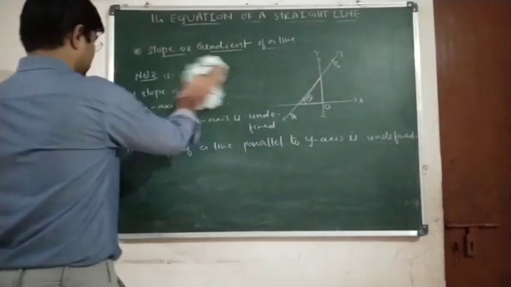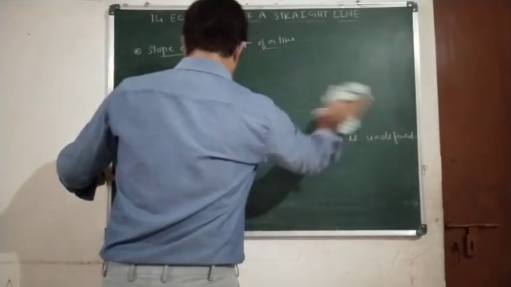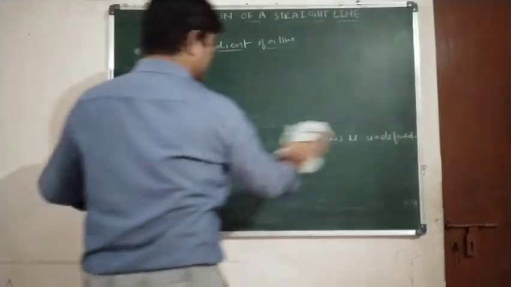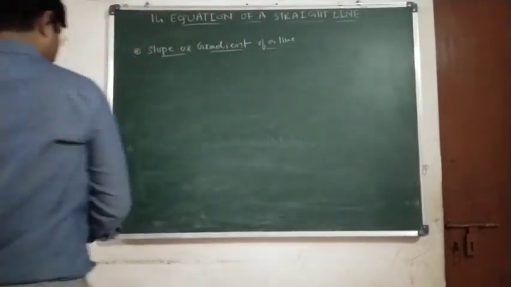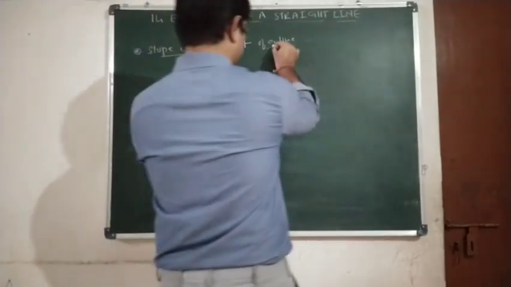Okay, now let us derive a formula to calculate the slope of a line. For that we will draw a diagram.